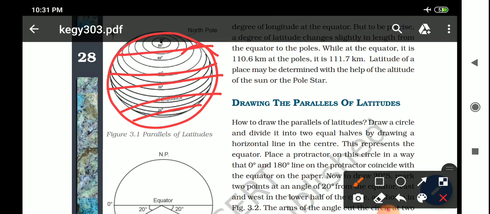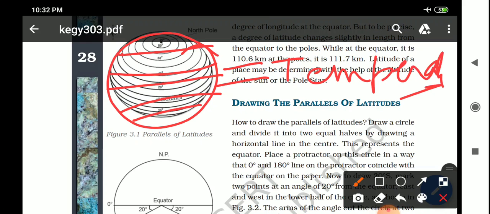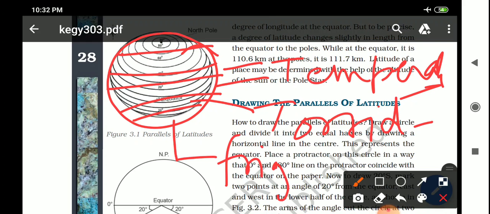Here we have the temperate region, the next portion is the torrid region, and the last portion is the frigid zone. This is the same in the northern hemisphere also. So these are the regions we can differentiate according to latitude.